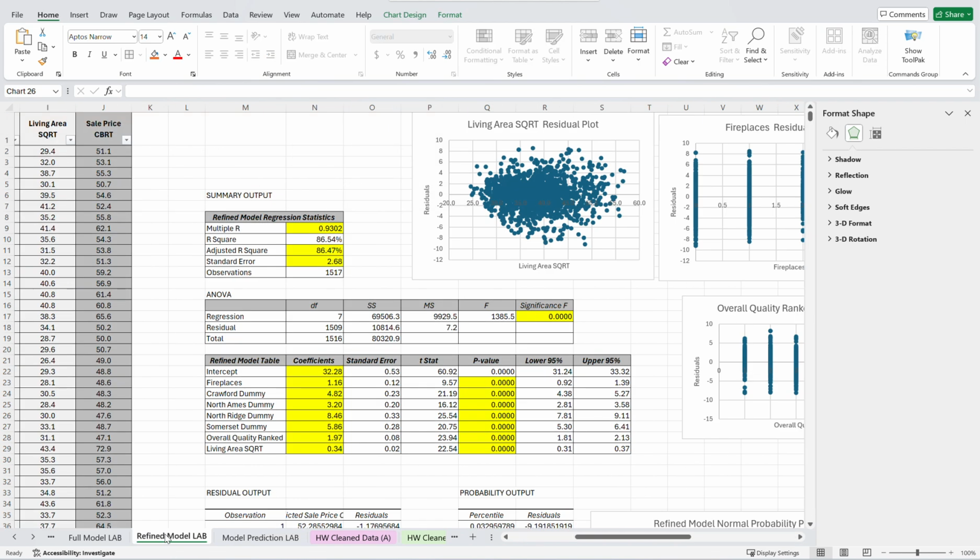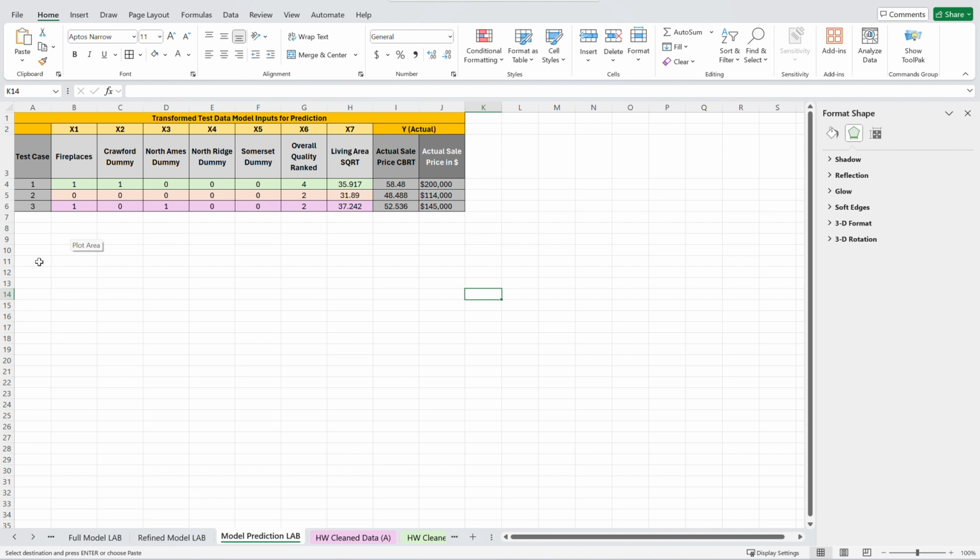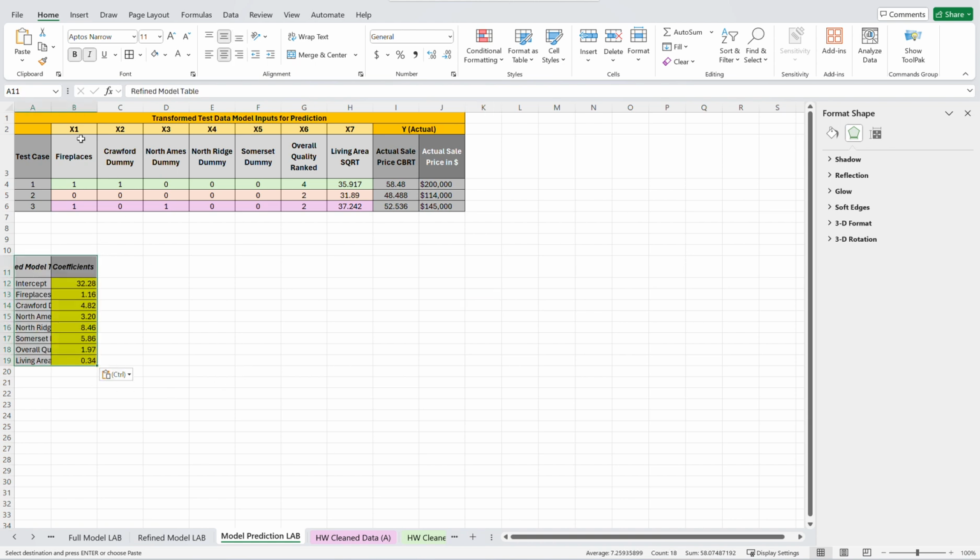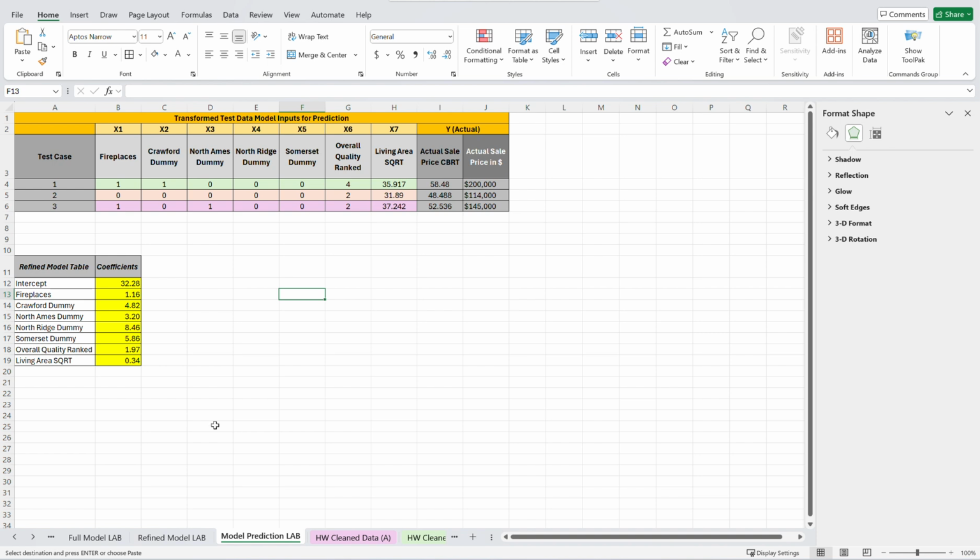Now the next thing that we need to do is get these coefficients from our model table in our refined model lab. You have to have built that refined model in order to get these estimated coefficients. So I'm going to copy that, and then we'll paste these values here. We'll expand that so we can actually see the values.